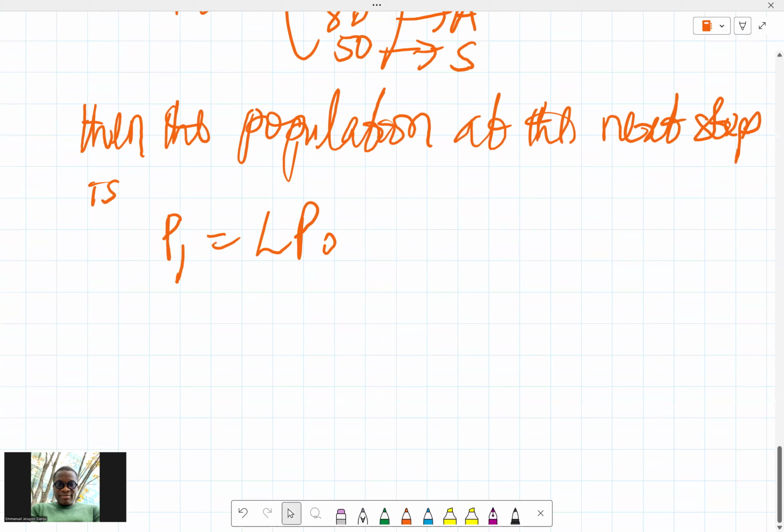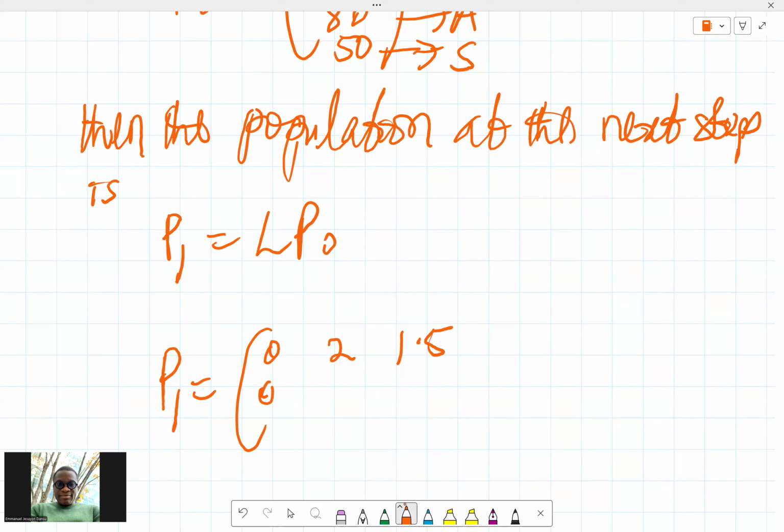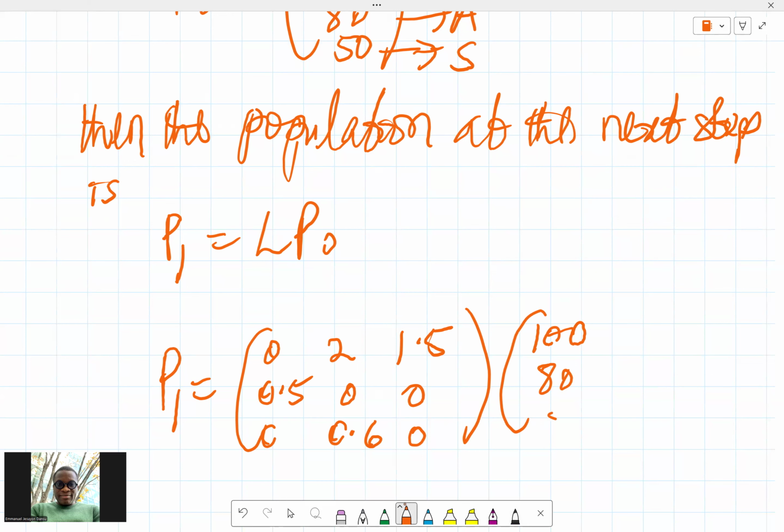We can compute this because we have all the information. So the matrix L against P naught, which is (100, 80, 50).